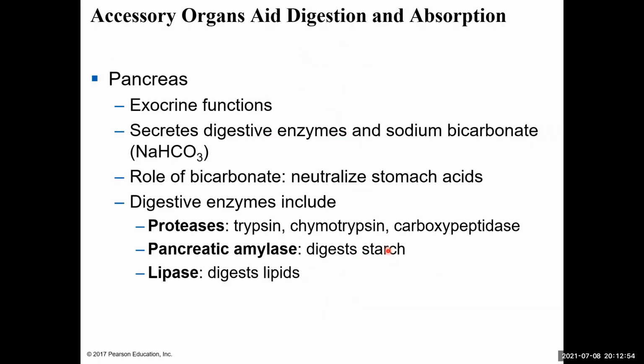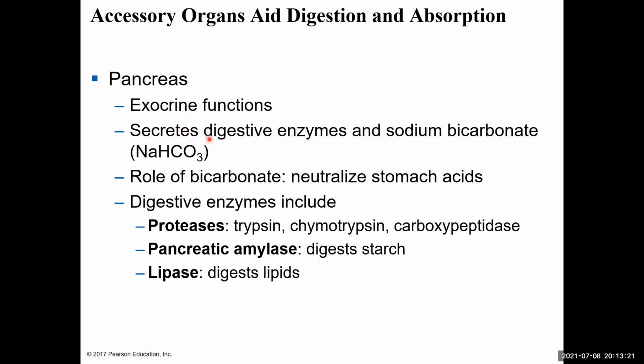And so there are a couple of accessory organs that release substances into the small intestine to help with the process of digestion. The first of those that we're going to look at is the pancreas. The pancreas has exocrine functions. Okay, so remember the exocrine glands that we talked about.